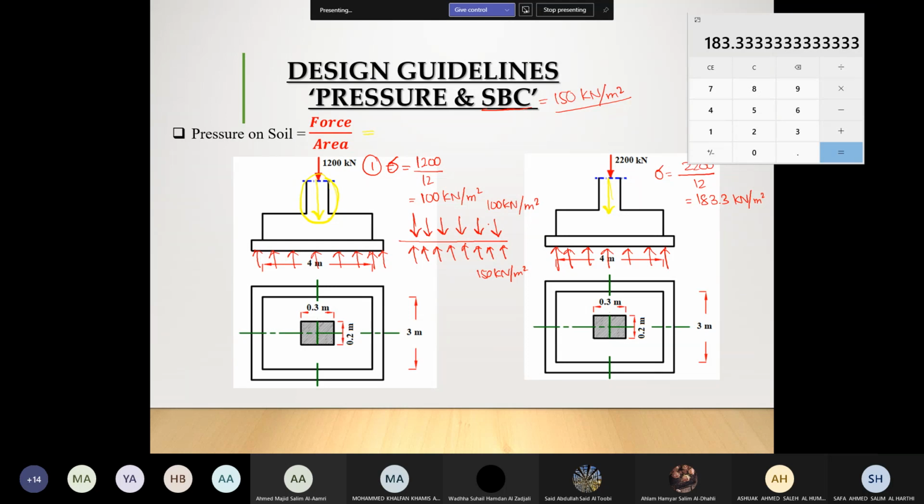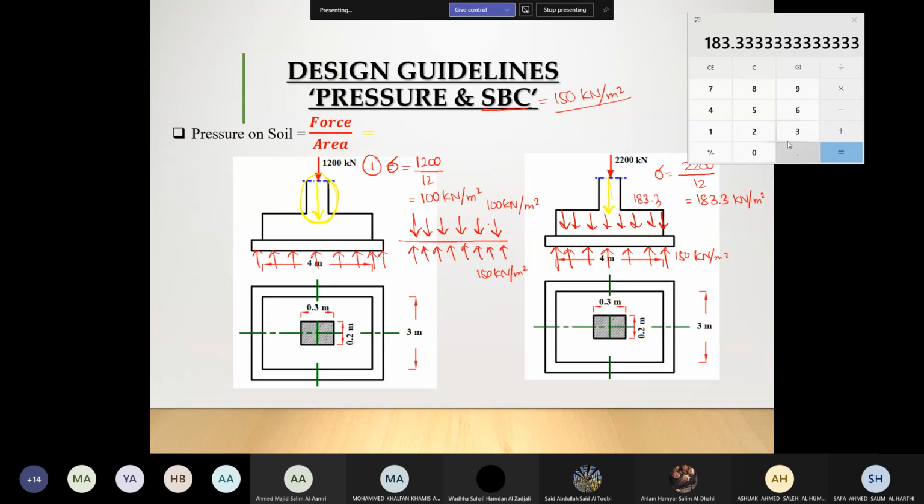So I'm saying that there will be 183.3 kilonewton per meter square pressure, and the soil can take up to 150 kilonewton per meter square.